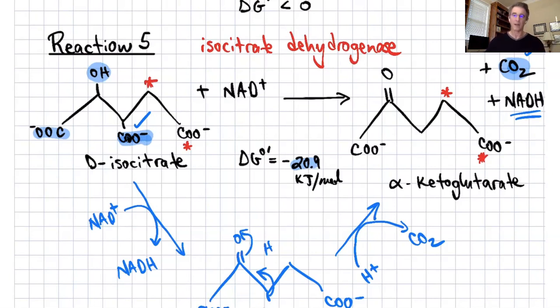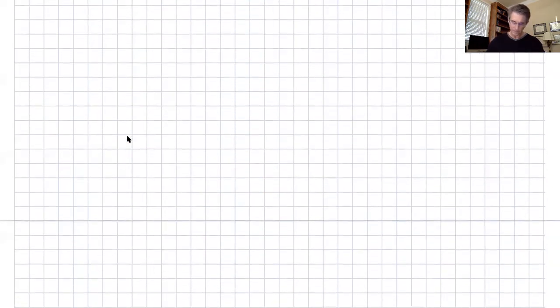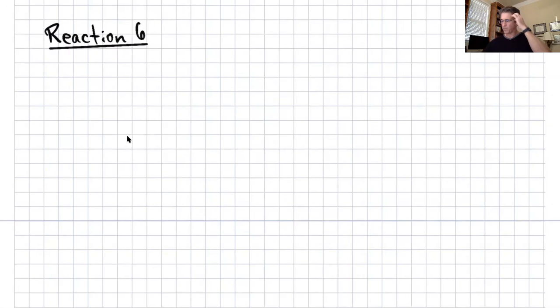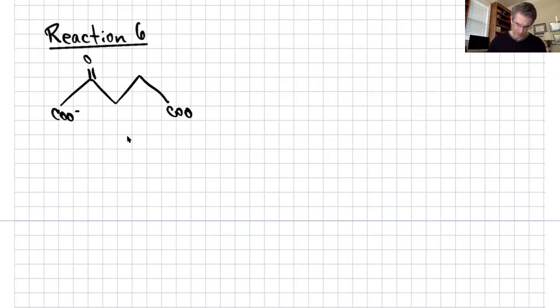All right, reaction 6. Once we've formed alpha-ketoglutarate, remember, the name of the game here was to create a way to decarboxylate this, to drive off some of these CO2 groups.